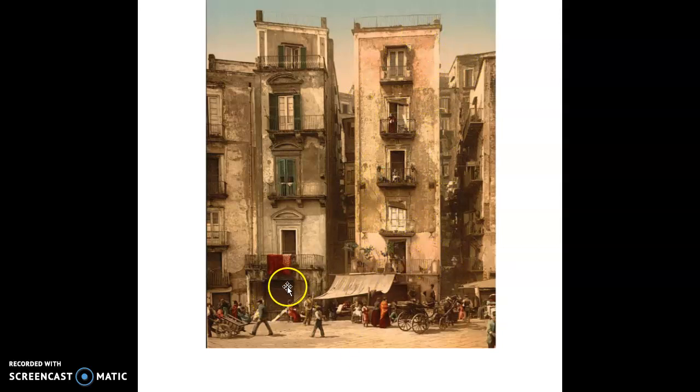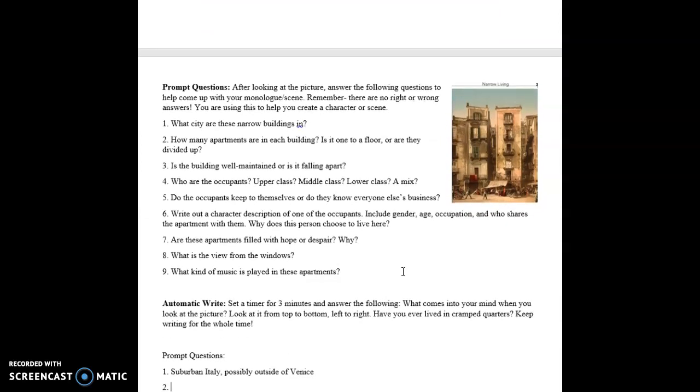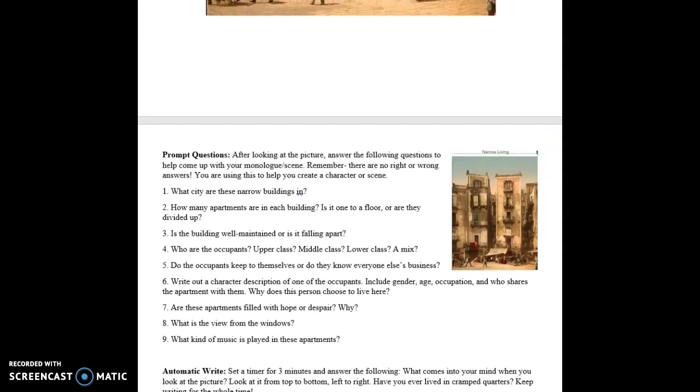This building has 5, and then this one looks like it has this extra basement area to make its total 5, so this one's 6. So let's say we'll put 5 to 6 floors in each building.